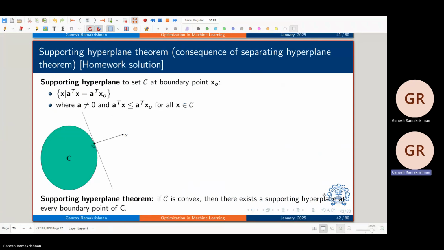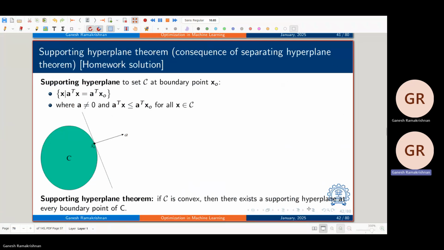Okay, so this was the supporting hyperplane theorem. The interesting thing, and this is a homework problem, is that the supporting hyperplane theorem can be proved based on the separating hyperplane theorem. That's the reason I left you with the separating hyperplane theorem. But how can you prove the supporting hyperplane theorem?